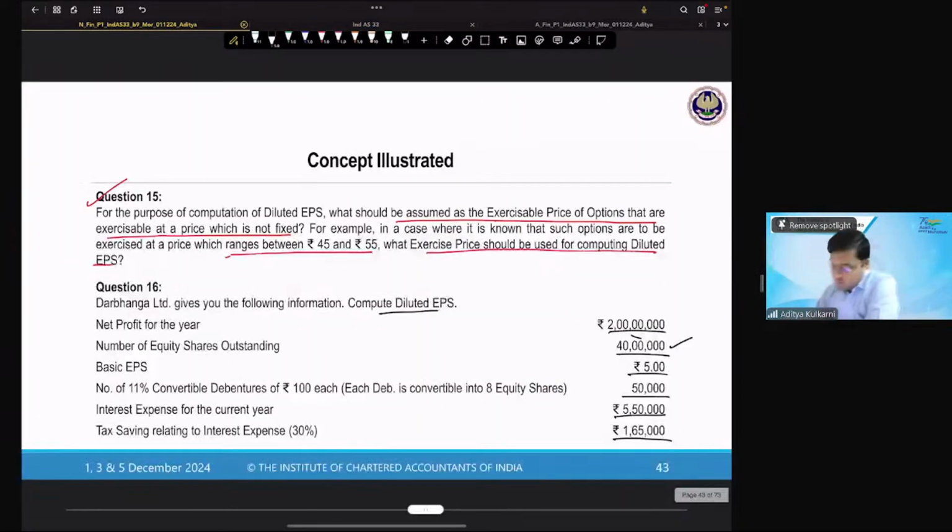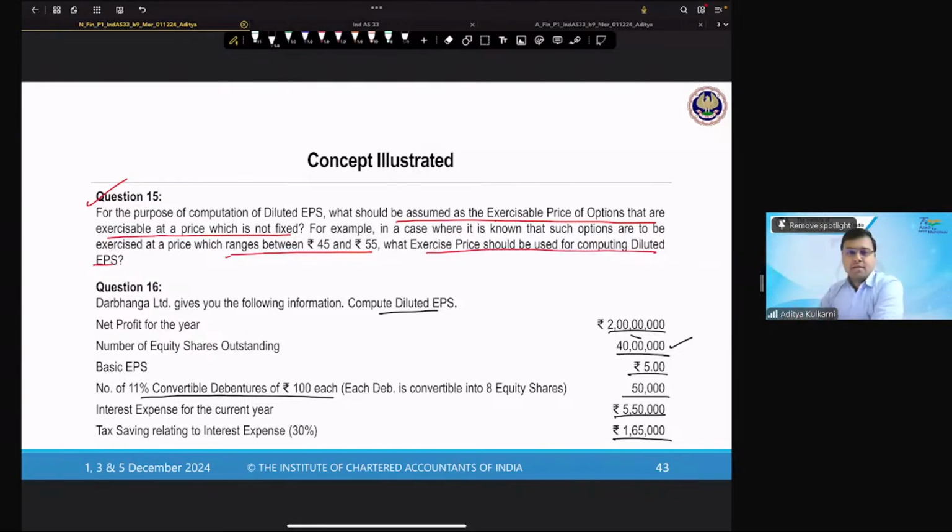Now, do I have potential equity shares in the capital structure? Yes, sir. Yes, 11% convertibles. Again, ideally, I should be using financial instruments concepts, but the data is not given here. So right now, we will do the regular method, what you are already conversant with.